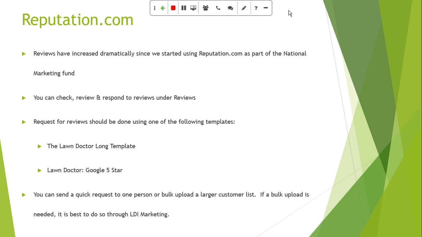Once they click on the review request, as long as they're logged into Google, they can leave their review right then and there. Then you would get an alert or notification from Reputation.com that you got a review that you need to take a look at and respond to. So you would get notified, which is great.